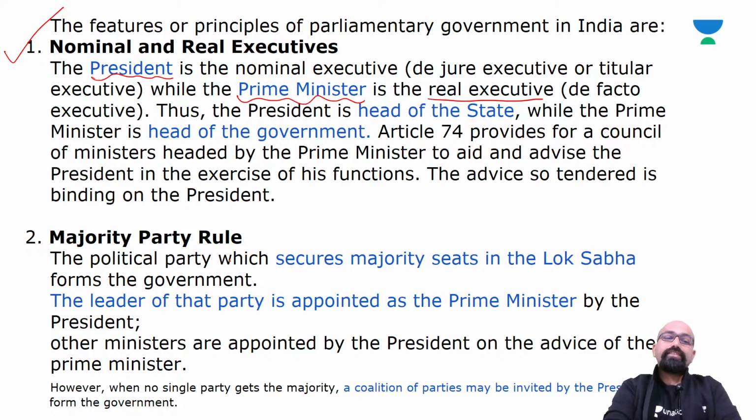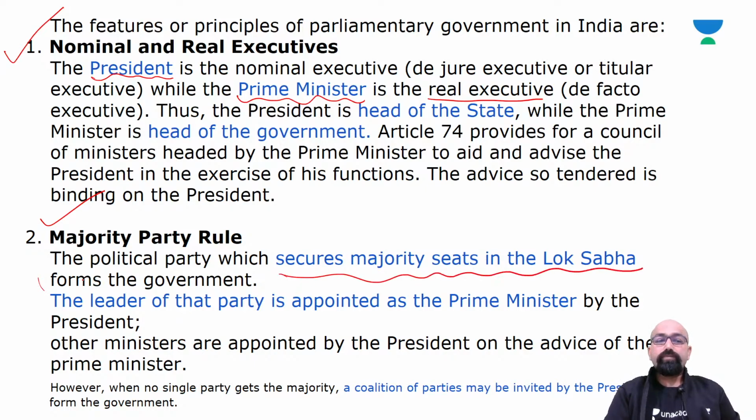Next is majority party rule. The political party which secures a majority of seats in the Lok Sabha forms the government.